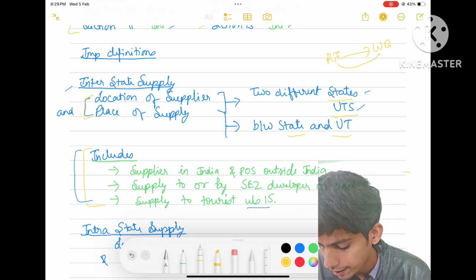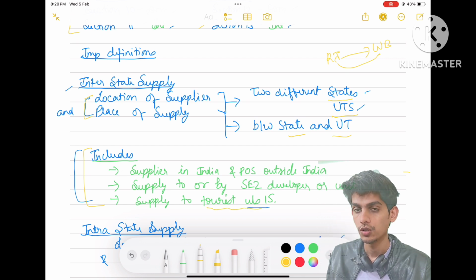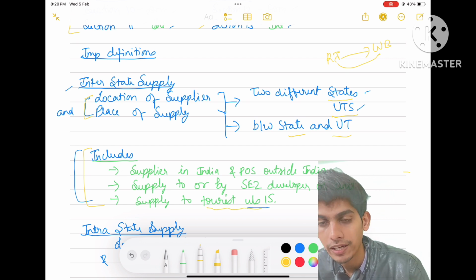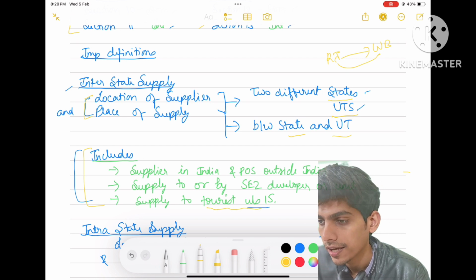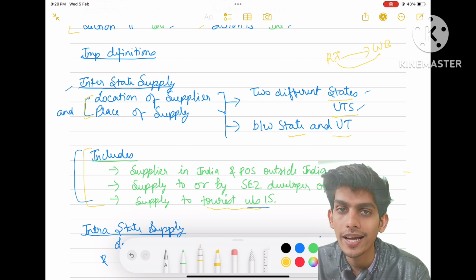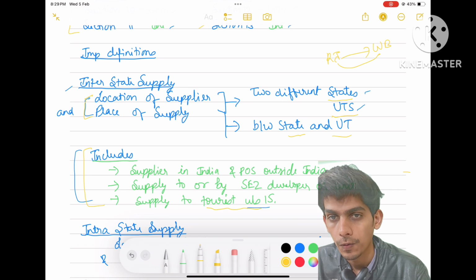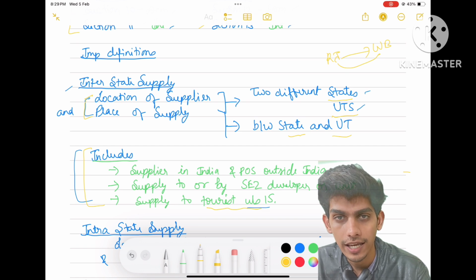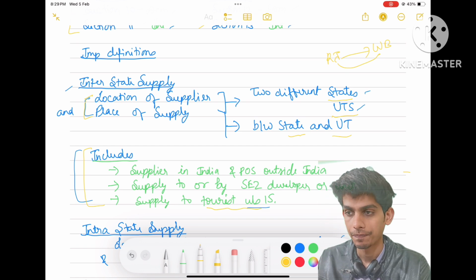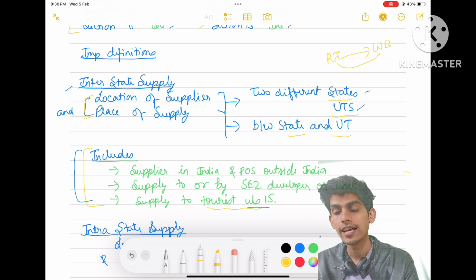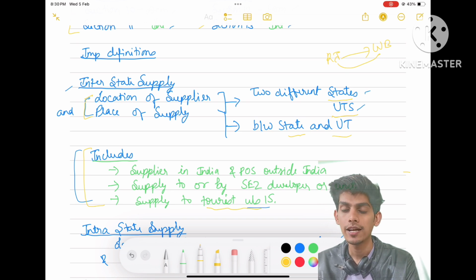Then we have supply to a tourist under section 15. If a foreign tourist comes to India, buys some goods and takes those goods with him to his origin country, then he will get a refund of the GST paid, at the customs counter at the airport.